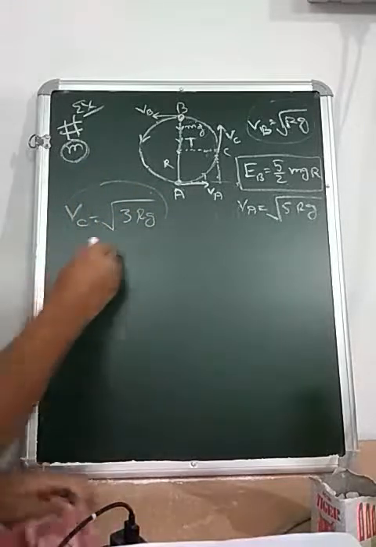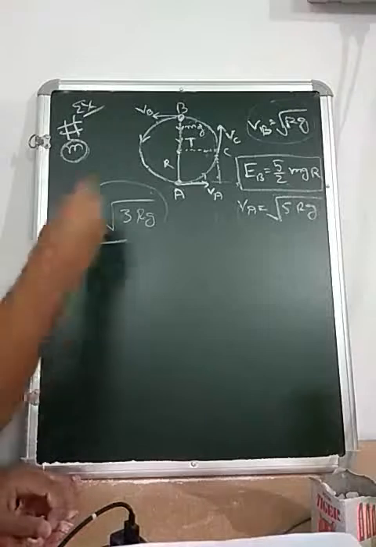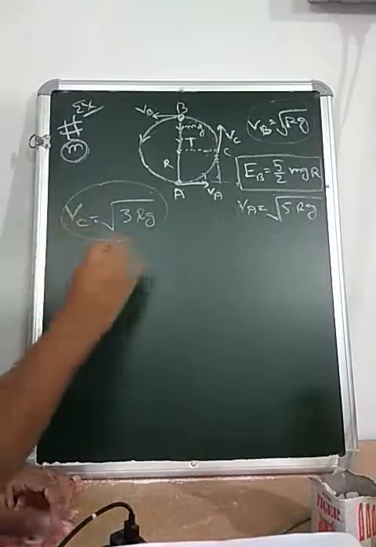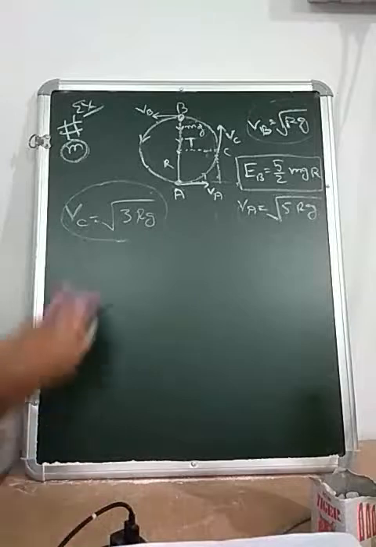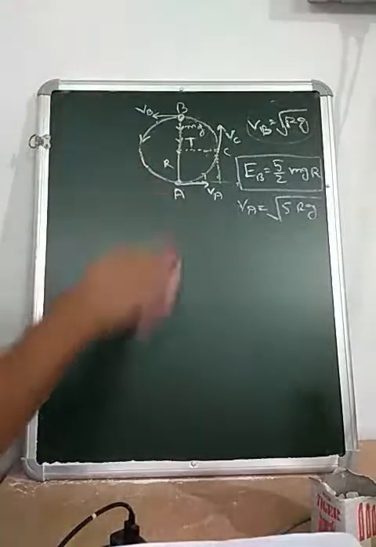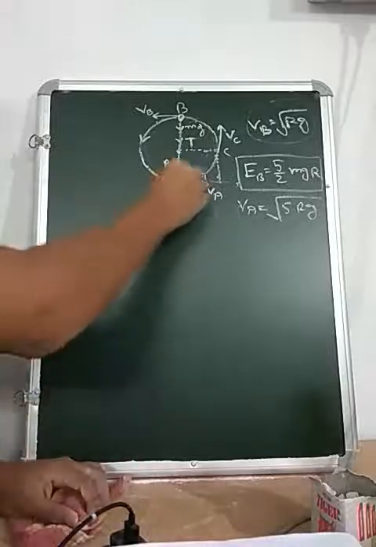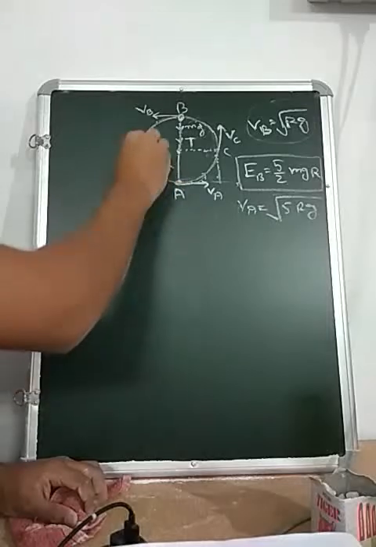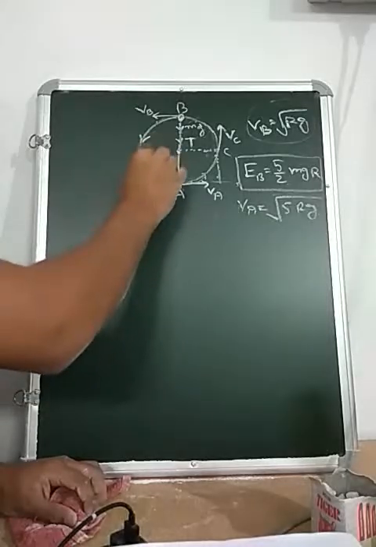This is how we proceed. This is the application of the law of conservation of mechanical energy. By applying this law, we can calculate the velocity at any point during its circular path, since the energy will be conserved at any point.